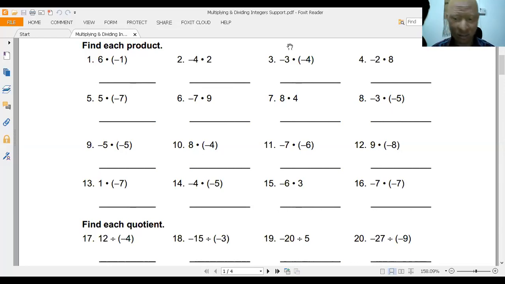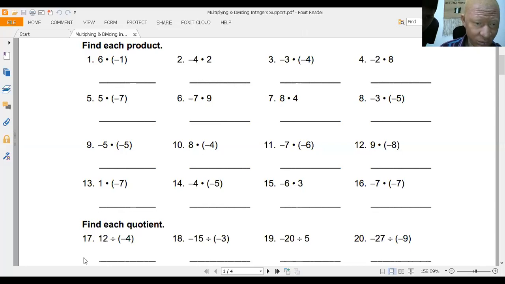So this is our assignment. Take your time quickly to copy this. I want the chart to come on.